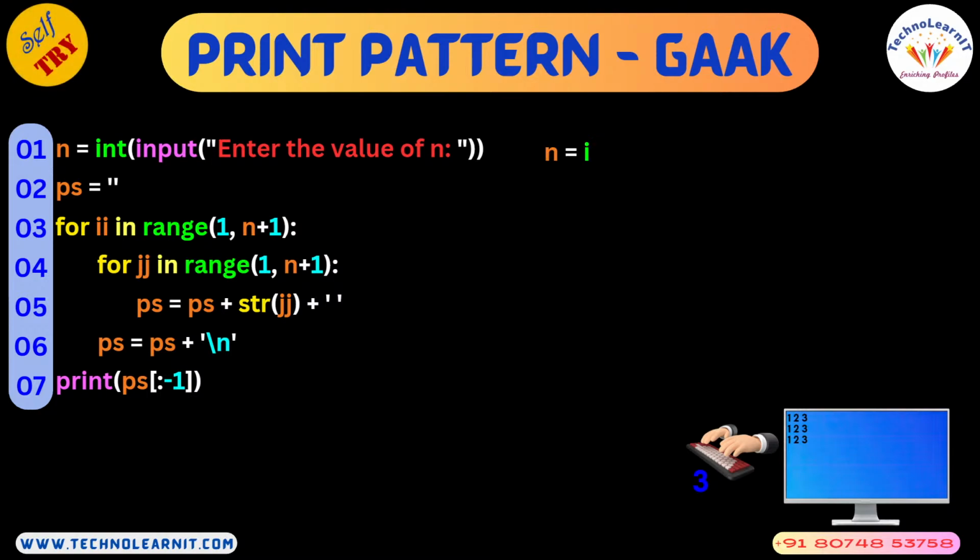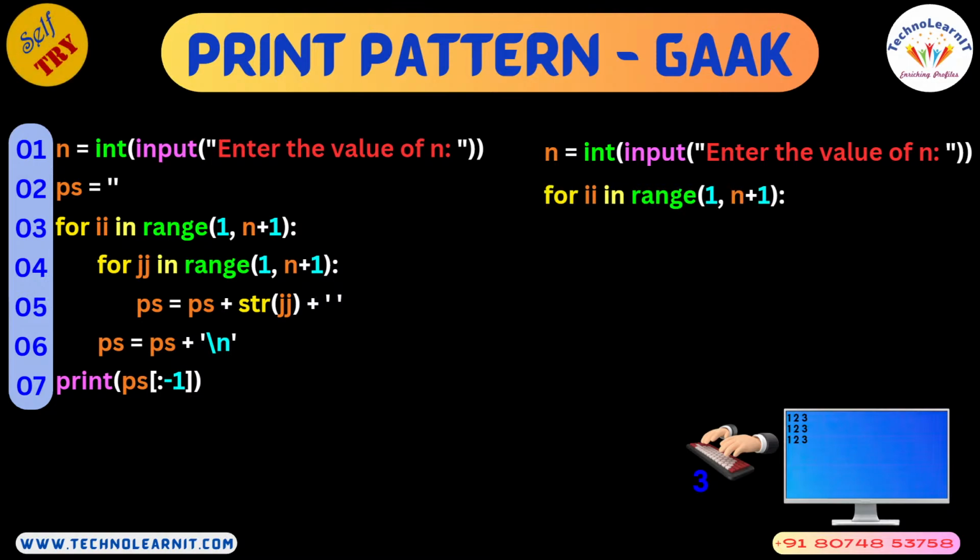And if you are not allowed to use string related operations, this is the approach. Same thing as I said, it's the same range function, right? And instead of building up the print string, you immediately print the jj value and make sure the cursor remains on the same line, because the inner loop always takes care of printing one line of output.